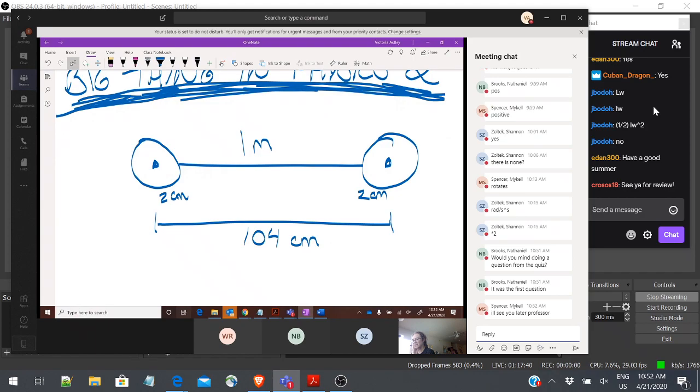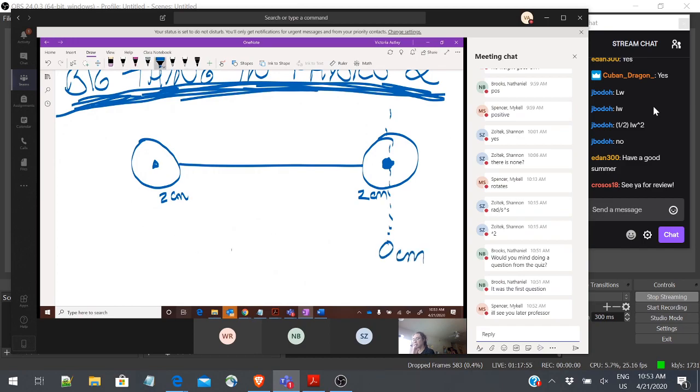And then the question is asking how far from the center of this. So you get to decide where 0 is. You can make 0 be right here. So then this would be 2. This would be 52.